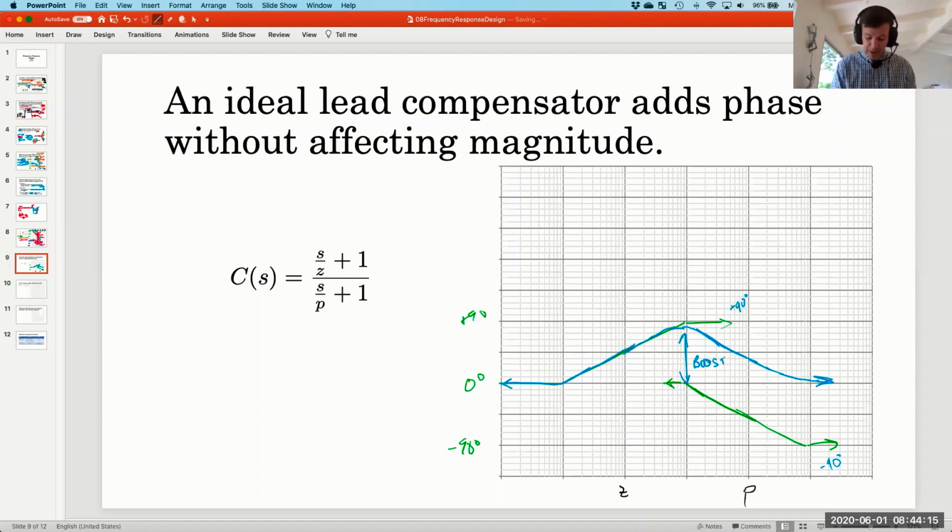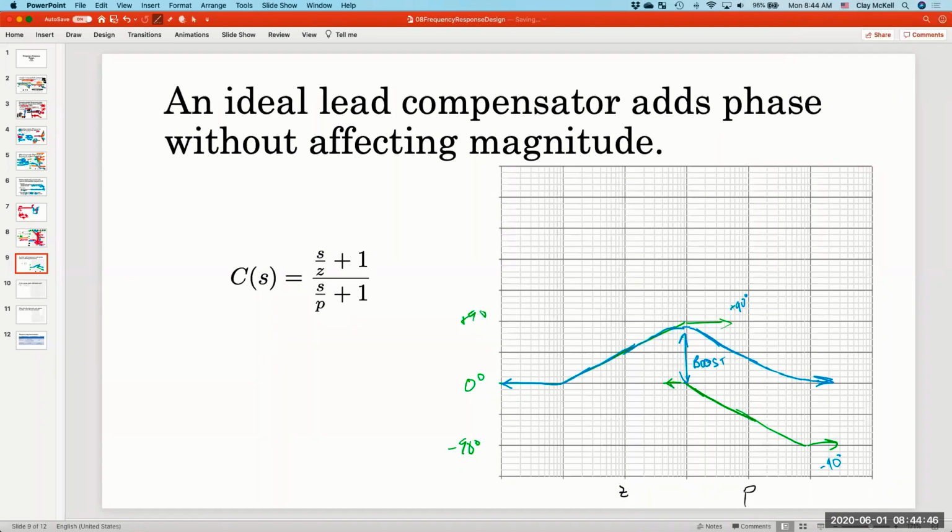And depending on where you put the 0 and where you put the pole, this boost can be placed at any frequency you like, right? If you literally can put the z and the p at any position on the frequency axis, then this maximum can occur at any frequency. Now, what affects the size of this peak? We've talked about what affects the location. It's where the z and the p are on the frequency axis, but what affects the size? If I only want a little boost, what do I have to do to the z and the p?